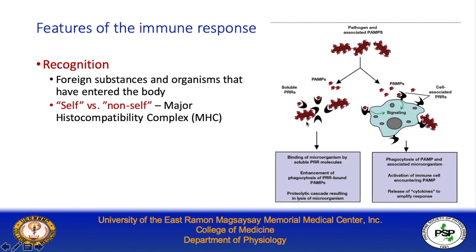So when these PAMPs are recognized by your PRRs, or the receptors that recognize the PAMPs, it would cause a cascade of events, leading to either the death of the cell that contains the PAMP, or this PAMP would be ingested by another immune cell.